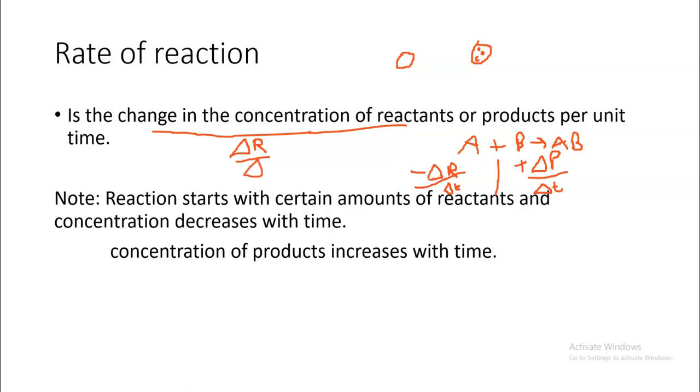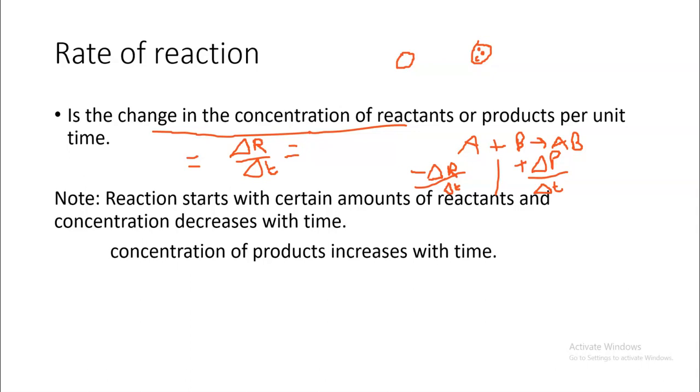So the formula for rate of reaction is the change in concentration of reactant or product over change in time. Remember, by change, this means the reactant is changing, so we're going to have final and also initial. To break down the formula, you're going to have 2 points.